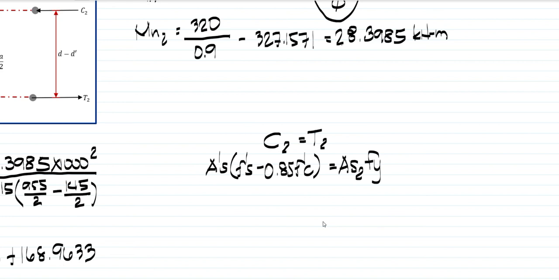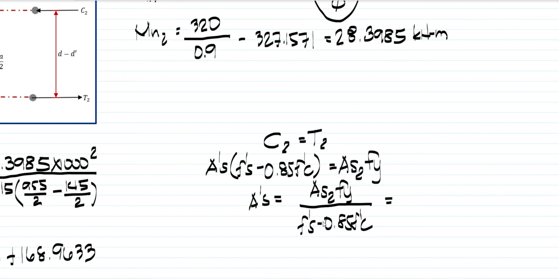Then, rearranging the term. So, that is A prime S is equal to AS2 Fy over F prime S minus 0.85 of our F prime C. So, that will be a value 168.9633.